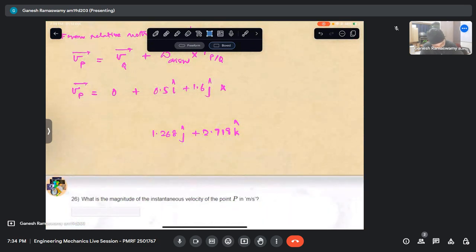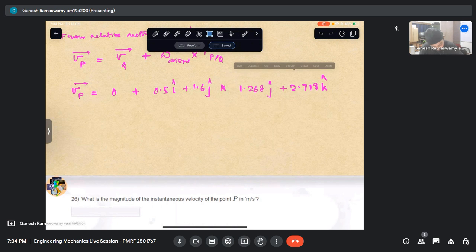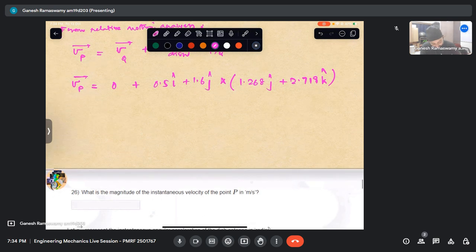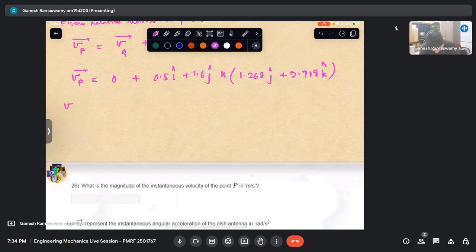So this is one question where we actually have to do cross products properly. So velocity of P, I can write this using that mnemonic i, j, k. So this is 0.5, 1.6 and then 0. I have just populated these two here. It is crossed with 1.268 and 2.719.